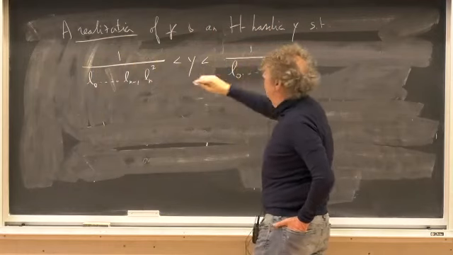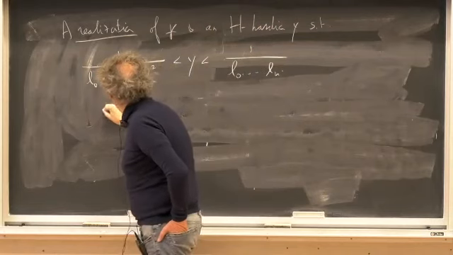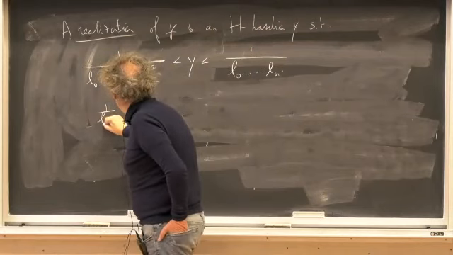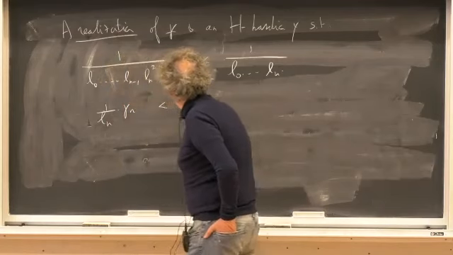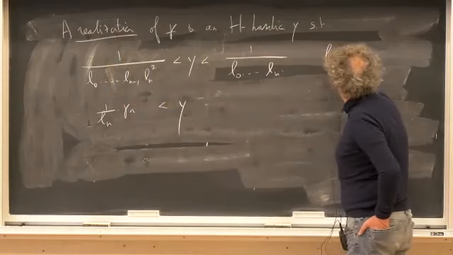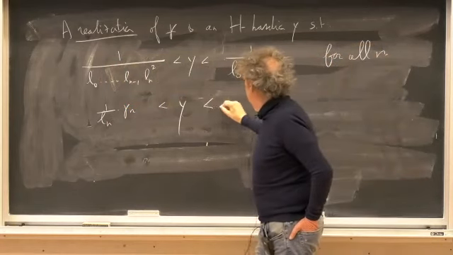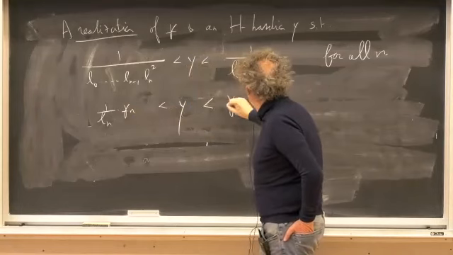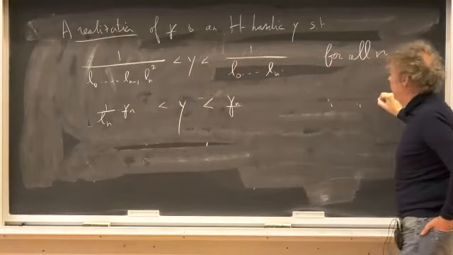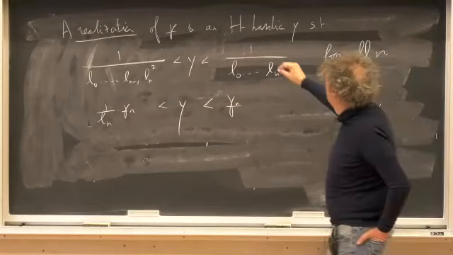Or in other words, it's bigger than 1 over Ln times gamma n for all n, and it's less than gamma n for all n. Right, now it makes sense, I think.